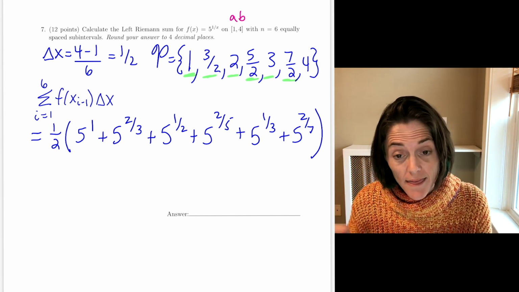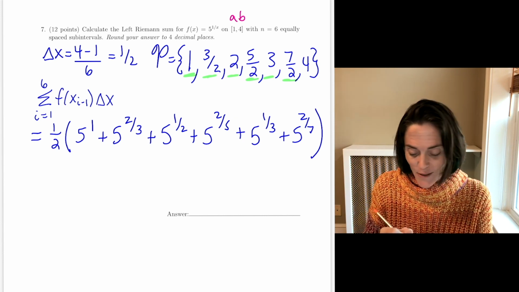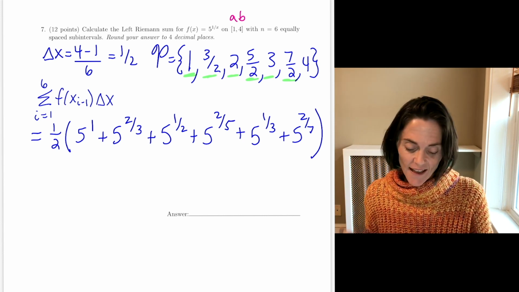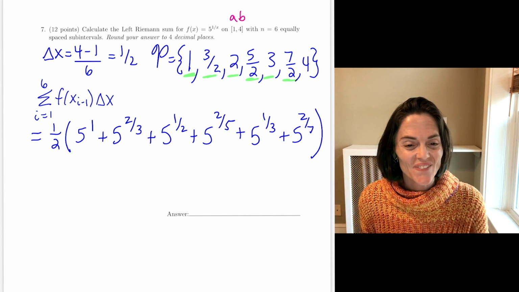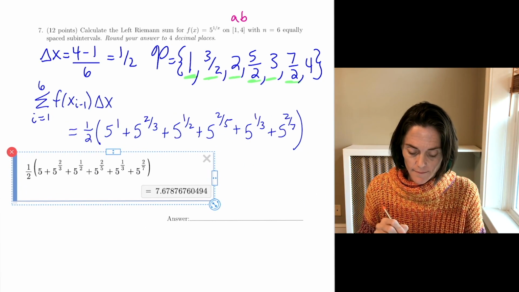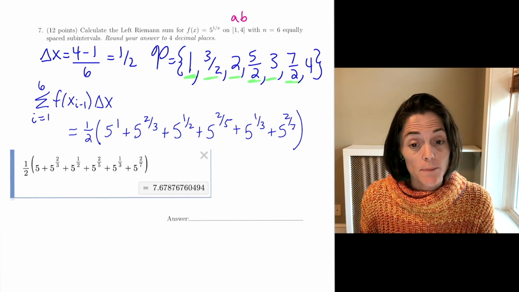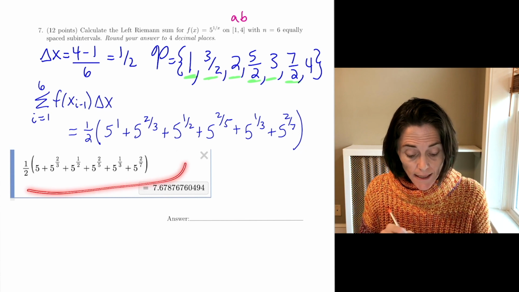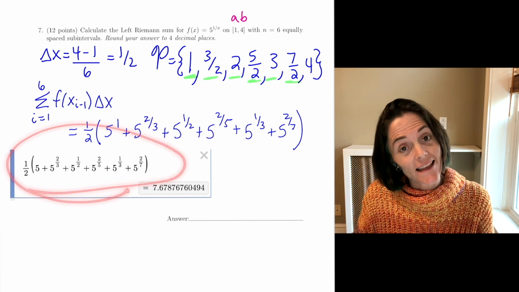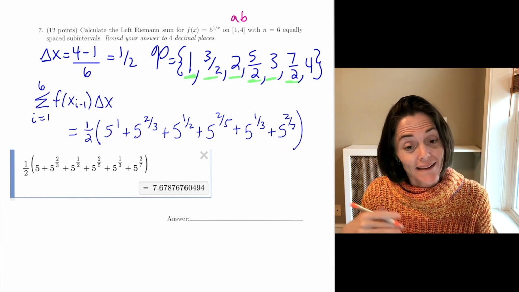Okay, now, enter this in your calculator in one big line. Let me do this in Desmos, and we will see what we get. This is what I have from Desmos. You see, I entered the entire thing as one line, then I round. We don't want to round each of these and then round again at the end.